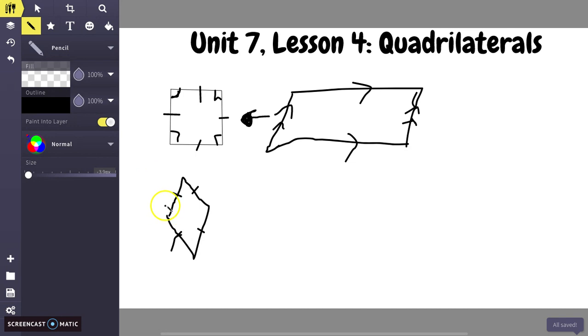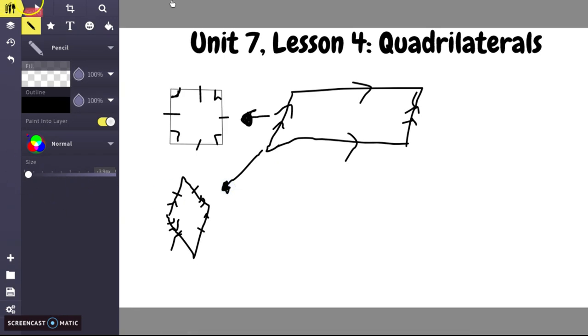And they also have parallel sides, two sets. That's a little messy. So in fact, a rhombus is also a parallelogram, so that can point to it. But since all sides are equal with a square, as well as parallel sides, a rhombus can point to that, because it's that also.